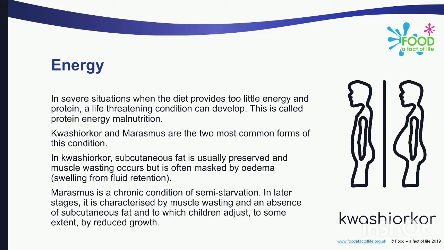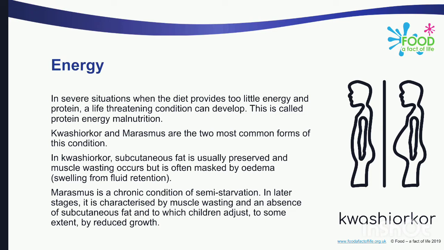Now, talking more about energy: in severe situations when the diet provides too little energy and protein, a life-threatening condition can develop. This is called protein energy malnutrition. Kwashiorkor and marasmus are the two most common forms of this condition.